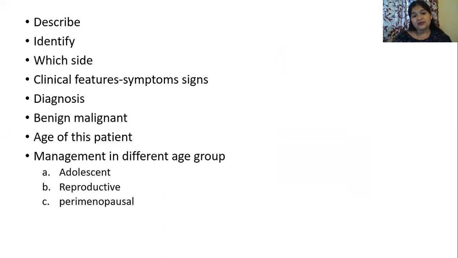The answer is going to be like, the patient may have pain in lower abdomen, then dyspareunia if the patient is sexually active, right? And the most probable symptom is going to be pain in abdomen on whichever side. Then another complaint could be irregular menses. These irregular menses are because of this anovulatory ovary, which is becoming cystic, right?